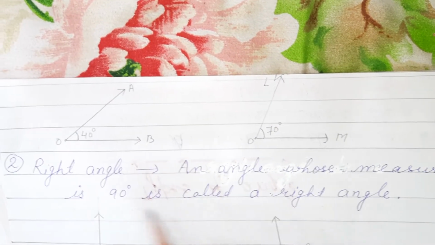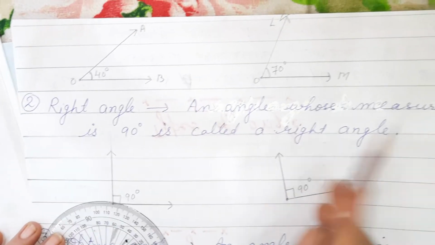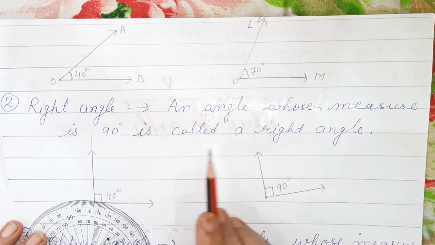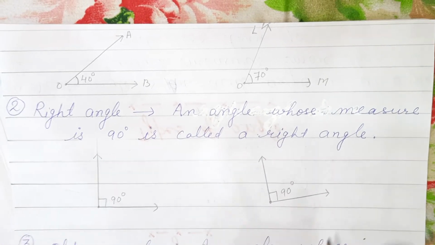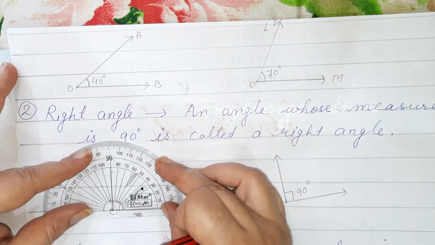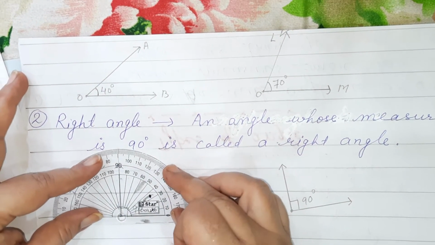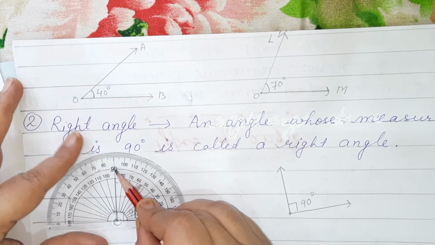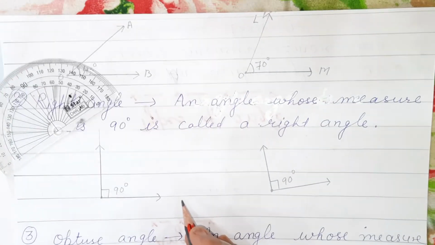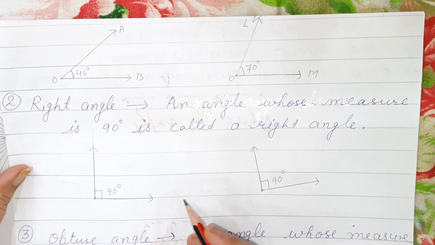Now second is right angle. An angle whose measure is exactly 90 degrees is called a right angle. See, first ray, second ray. Now I am arranging my protractor here. Yes, see here 90 degrees and my ray is under the 90 degrees. So it is the angle of 90 degrees, it is a right angle.